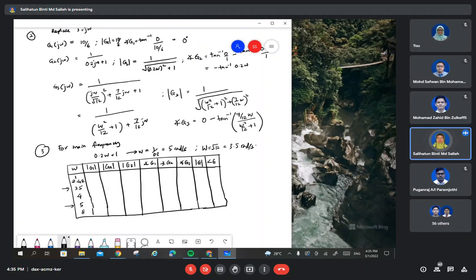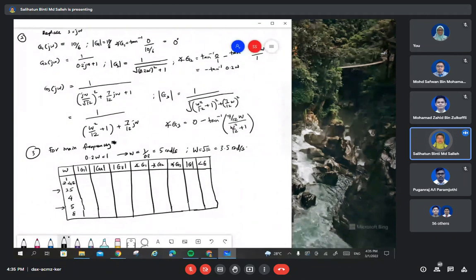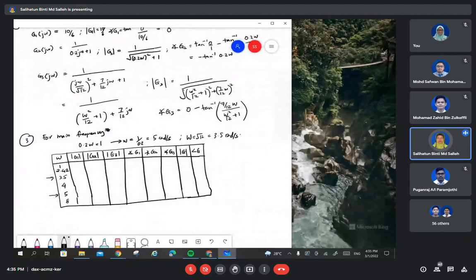So this is the frequency that we already know for main frequency, by using the frequency in the function in the question. So we have 2 omega here, and then the other omega will be put by our own. What else?